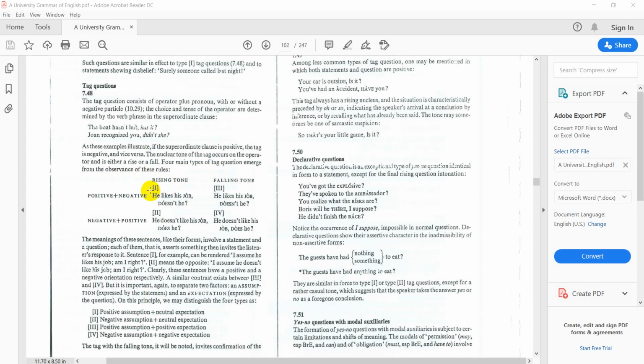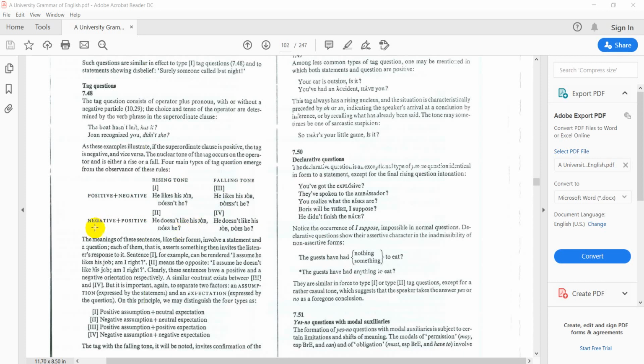As you see, you have four types. One and two with a rising tone, and three and four with a falling tone. Now we have positive plus negative, meaning the subordinate clause will be positive and the tag will be negative, for both rising and falling tone.